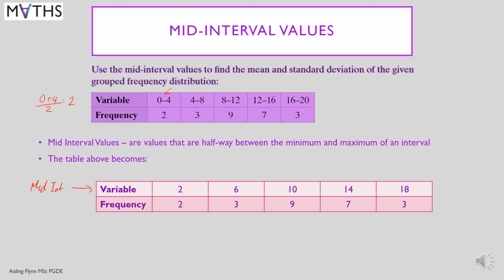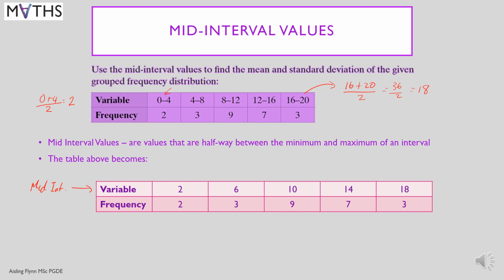Again, if you had different values and you didn't find it easy to find the middle, you do as I just demonstrated. If we did it for the last one, you do 16 plus 20 and divide it by 2, which would be 36 divided by 2, which gives you the 18. And the frequency remains the same. Now you have a regular looking frequency table just like the previous example.